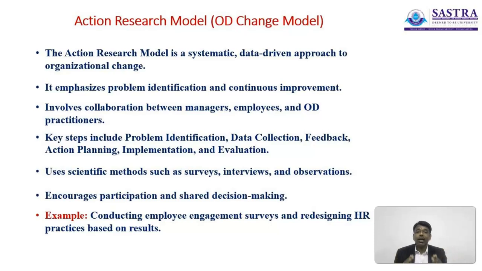Employees are actively involved in the process, which increases acceptance and reduces resistance to change. People are ready to oppose organizational decision making or some kind of steps. So how do we need to address all those things? Shared decision making enhances commitment and improves outcomes, friends.